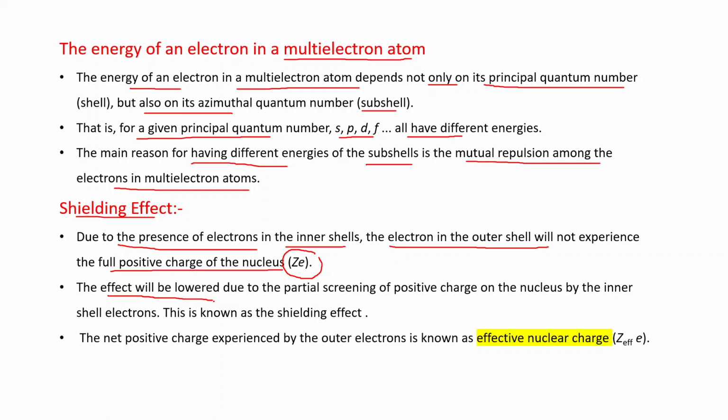The effect will be lowered due to the partial screening of positive charge on the nucleus by the inner shell electrons, and this is known as shielding effect. The net positive charge experienced by the outer electrons is known as effective nuclear charge, and this is represented as Zeff.